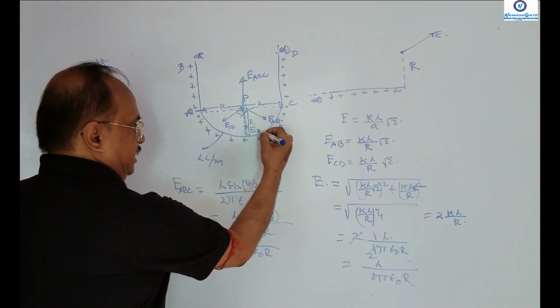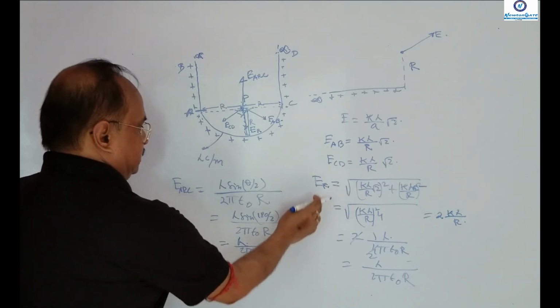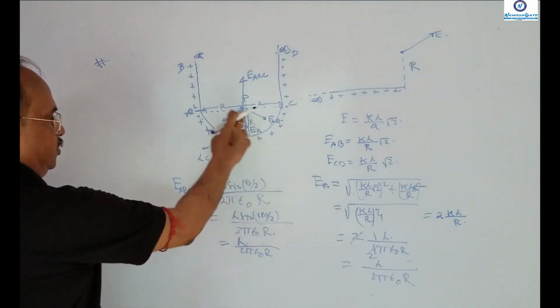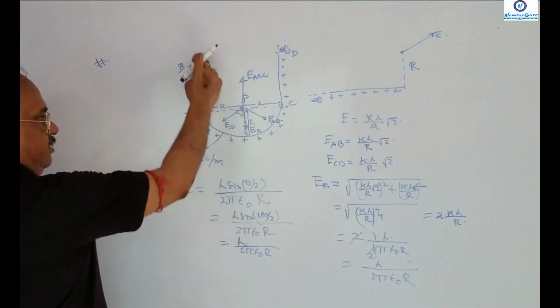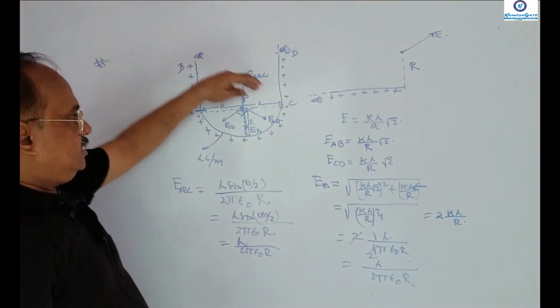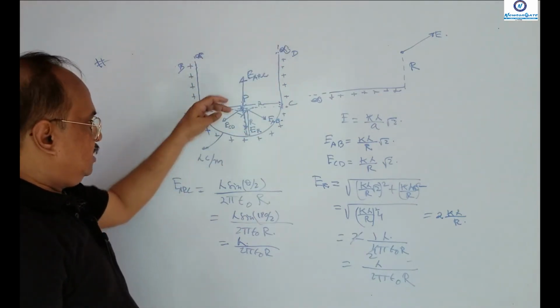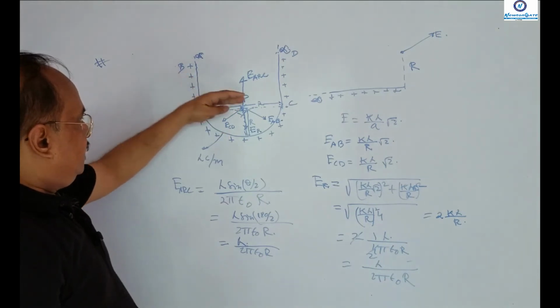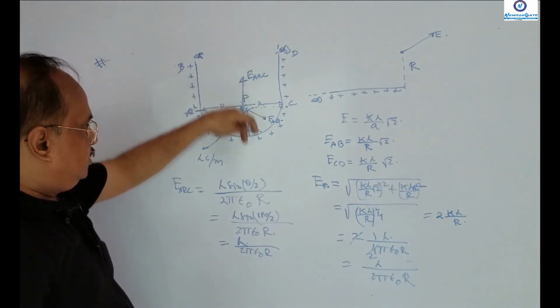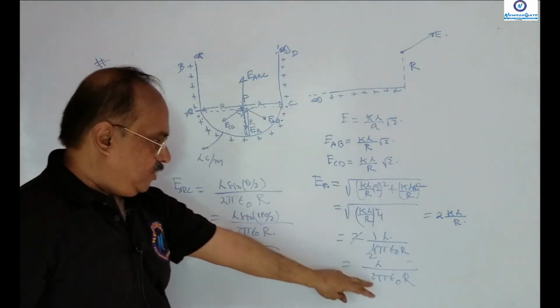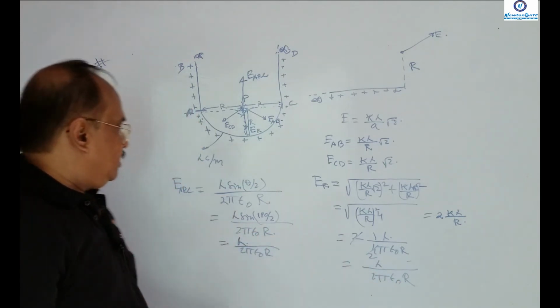Let us name this as E resultant. This E resultant is this side due to the two semi-infinite long linear charge densities. The resultant of ECD and EAB is this side, it is ER, that I have found out, lambda by 2 pi epsilon naught r.